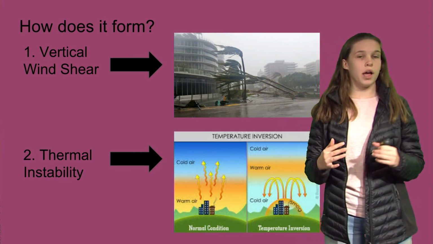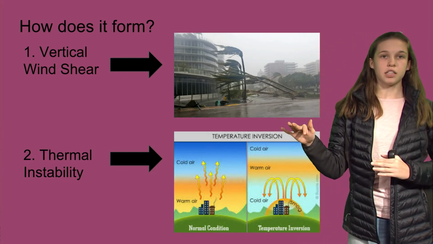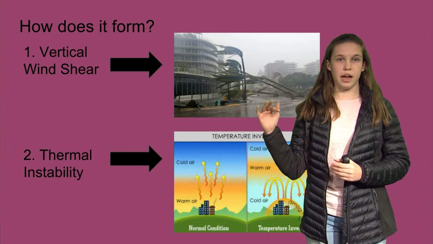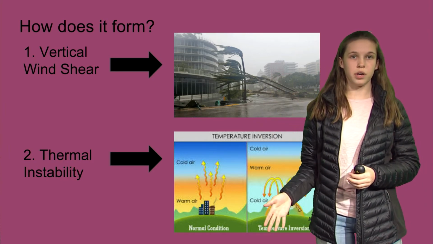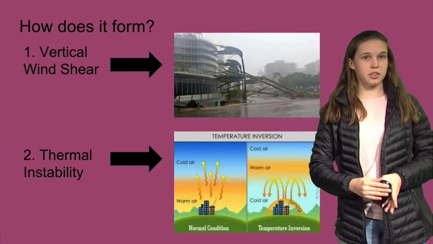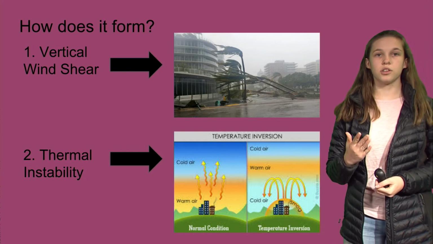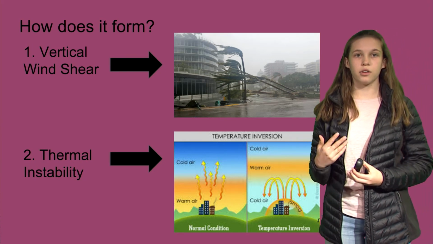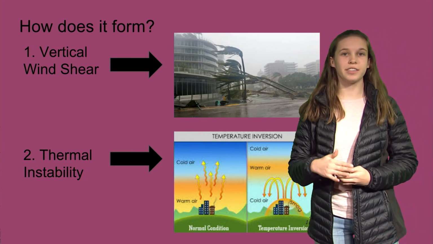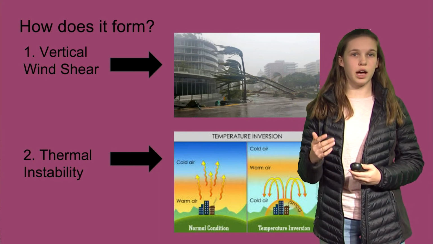So when they stop growing, that's because they reach a pocket of stable air that prevents them from growing anymore. So that's called a temperature inversion, and those temperature inversions are normally why tropical cyclone tornadoes are often more weak and smaller.